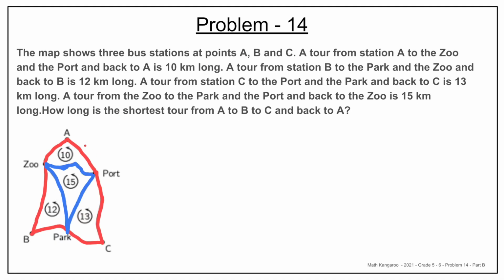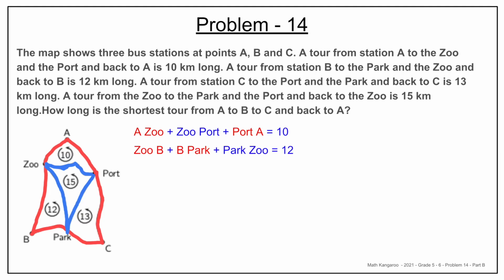So we have been given the perimeters of this shape. What we have to determine is the perimeter of the red line, and the blue is on the inside. So we know that A to zoo, zoo to port and port to A is 10 kilometers. We also know that zoo to B, B to park and park to zoo is 12.